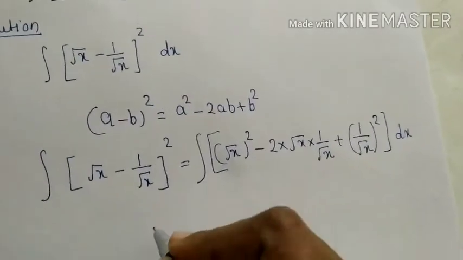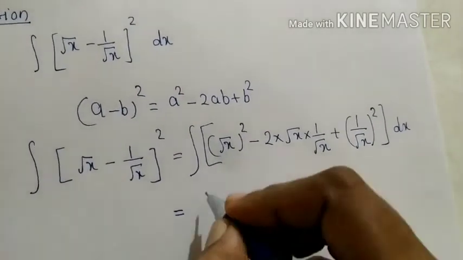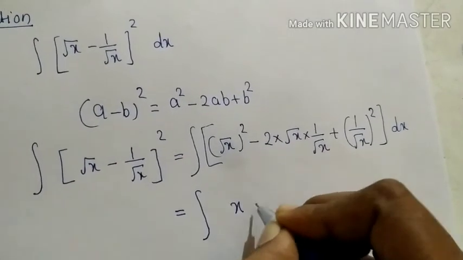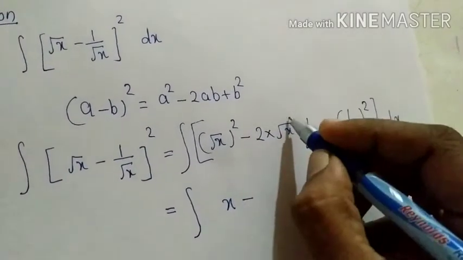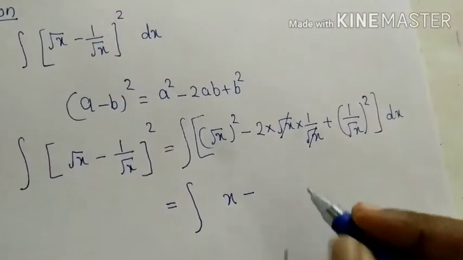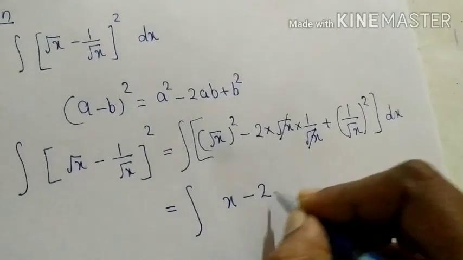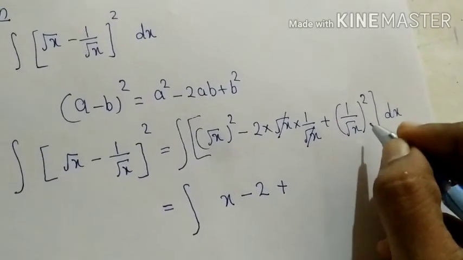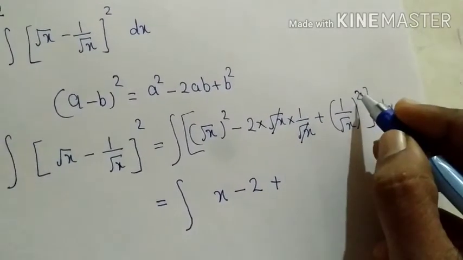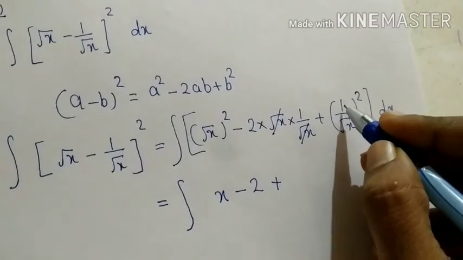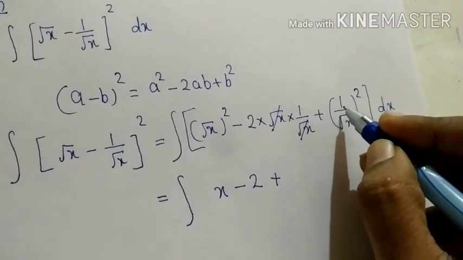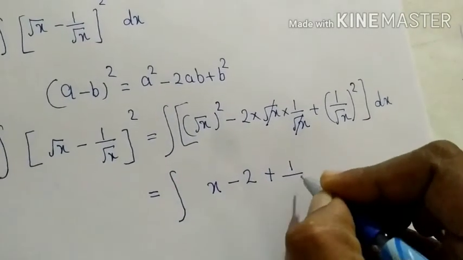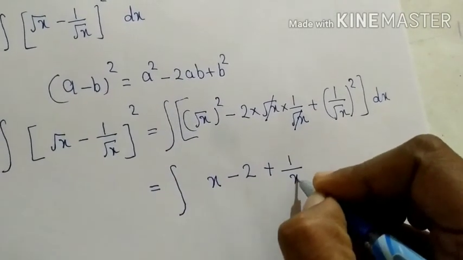Okay, and this will equal the integral of (√x)², which means x, minus 2, because the two √x cancel each other, plus (1/√x)². Taking the square inside the bracket, we get 1² divided by (√x)². That is, 1² is 1 and (√x)² means x.